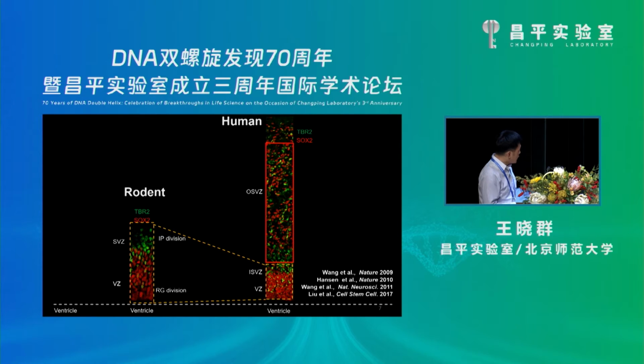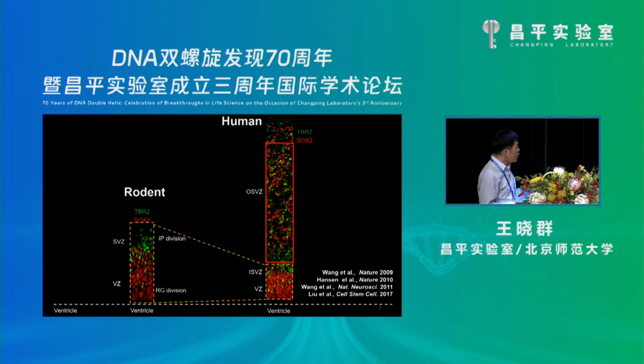If we look carefully, we stain with different markers: SOX2 stains the radial glial or progenitor cells, and TBR2, shown in green, stains the intermediate progenitor cells. In the human, the VZ and subventricular zone share a similar pattern and are not dramatically expanded.